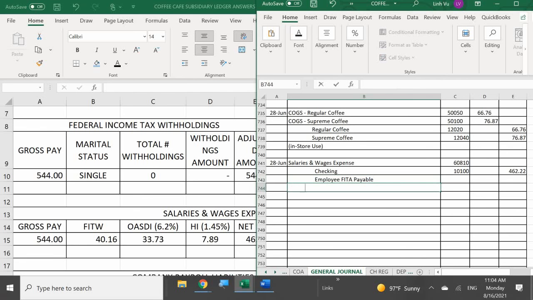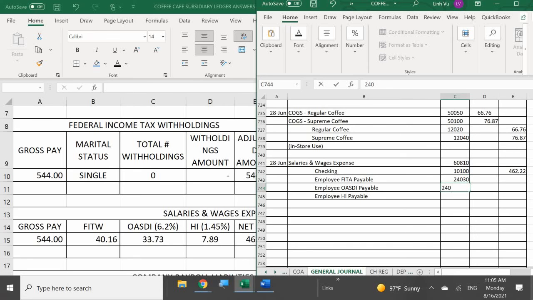We have employee OASDI, which is old age and survivors disability insurance, which we know to be Social Security. We have employee HI, which is also known as Medicare. And those were 24030, 24040, 24050.